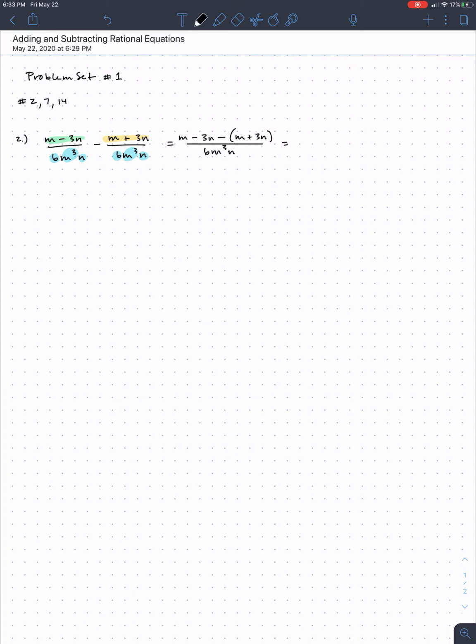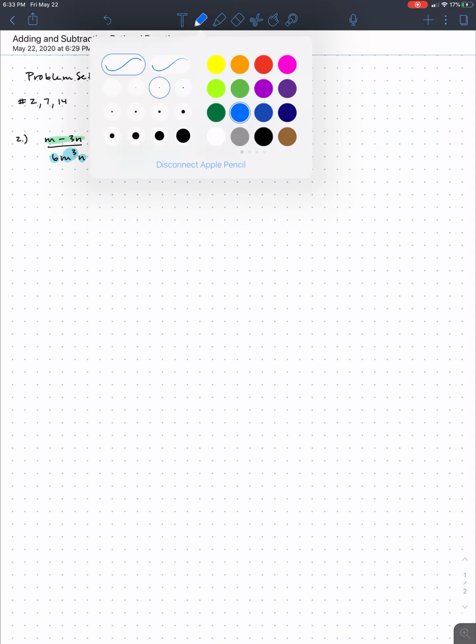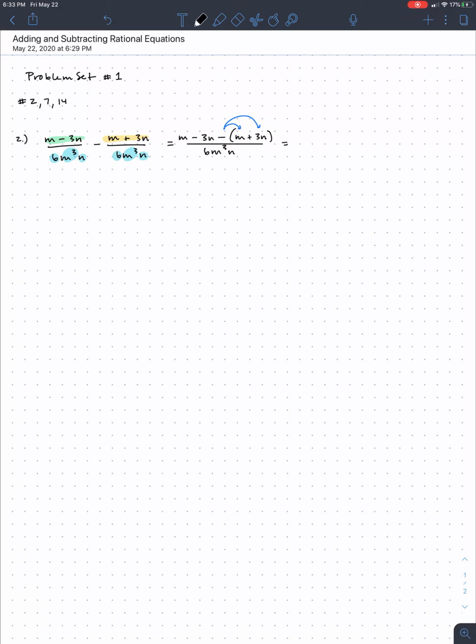And you may remember from your algebra class that when I have a negative outside of a parenthesis, I need to distribute that negative. So now I have m minus 3n minus m minus 3n, and all of that is over 6m cubed n.